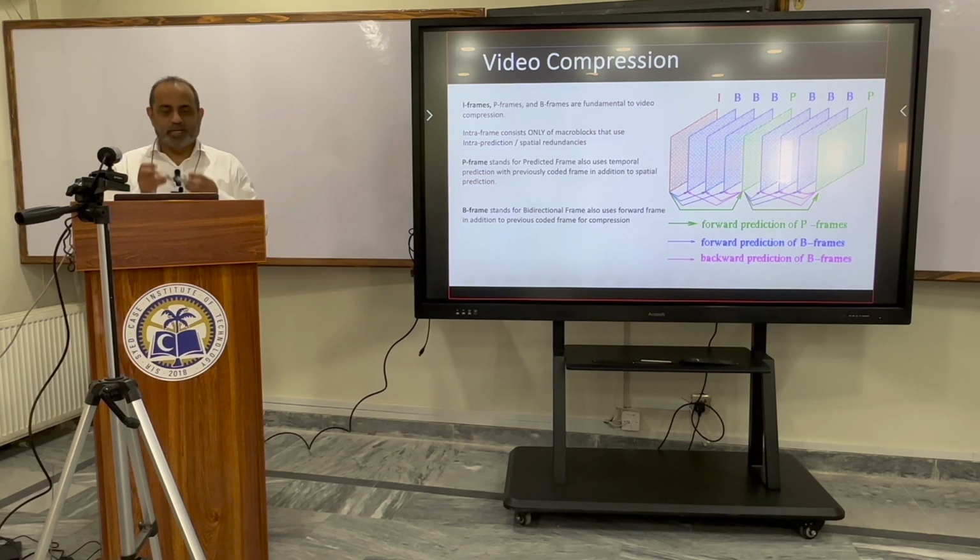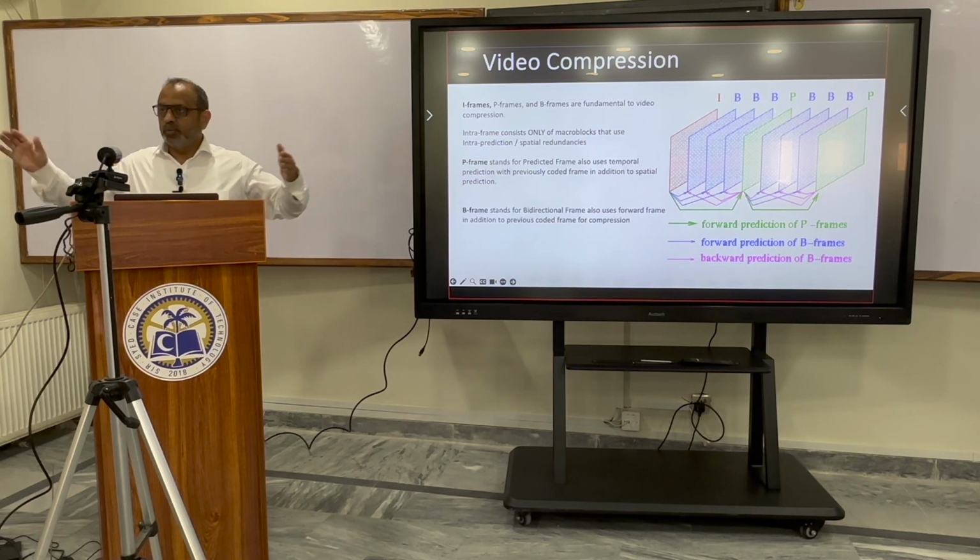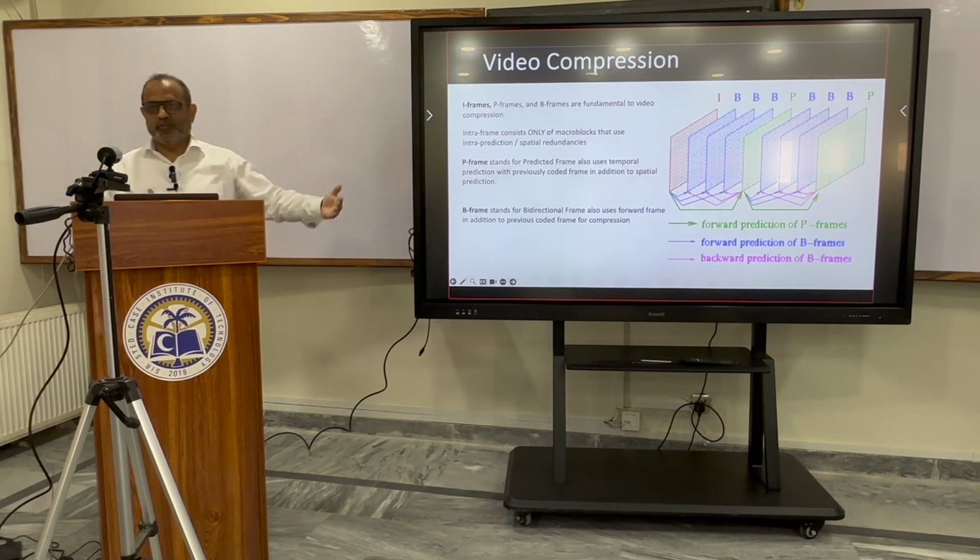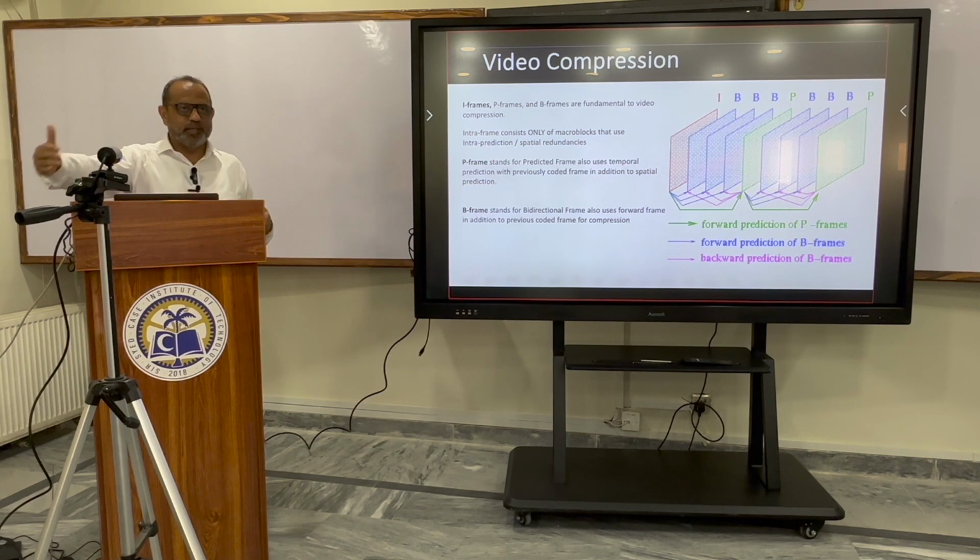Because of that, they can get a lot of compression, because whatever is in this frame, you're going to see almost the same thing in the next frame. A B frame is a bidirectional frame. A B frame uses a forward frame and a backward frame. That's why there is always going to be a delay. You cannot just transmit a frame once you capture it.